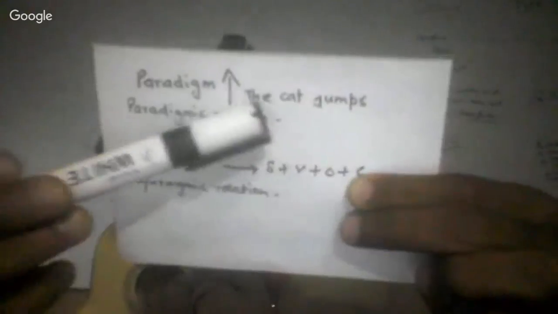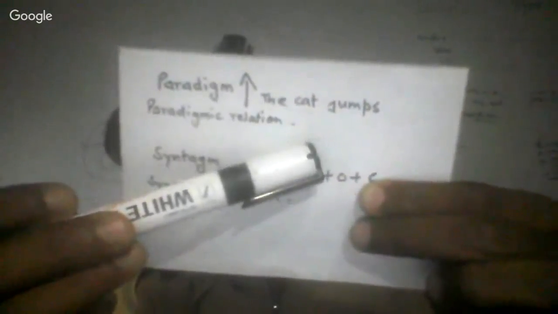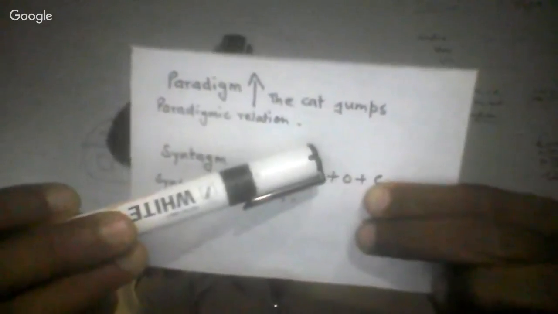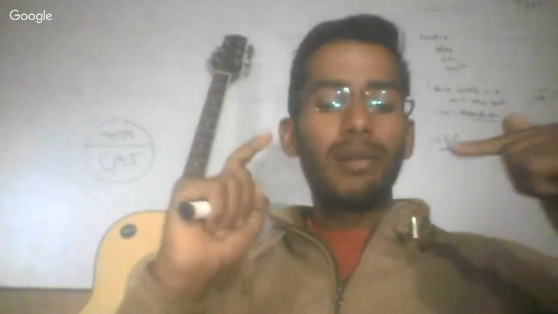In this way we can replace cat and write dog, or something else, a rabbit. So we can write, the dog jumps on the mat. If we have a relationship of the words in this way, it is called a paradigmatic relationship, and in this way we have syntagmatic relationships.